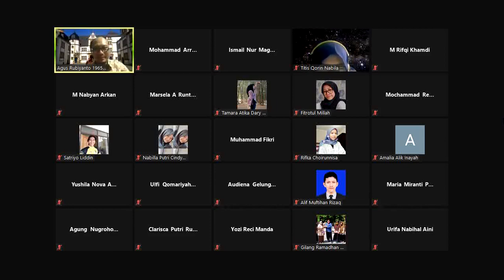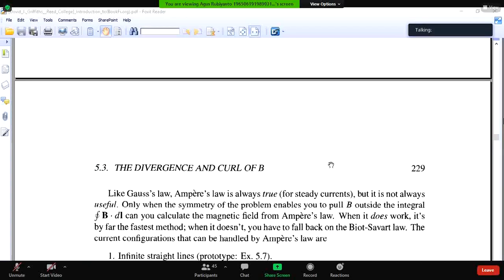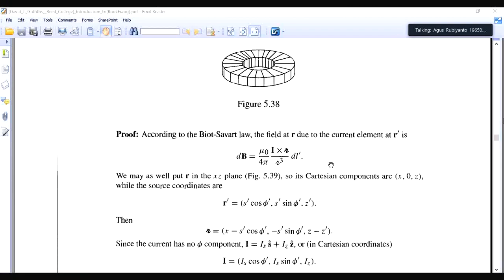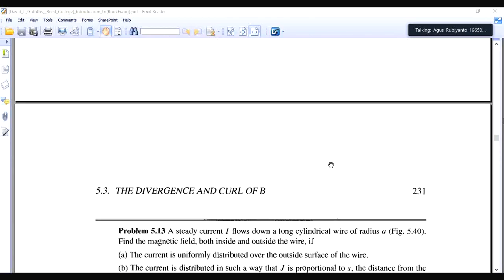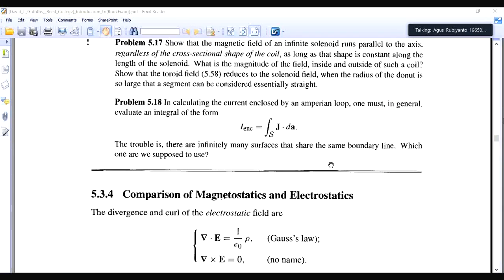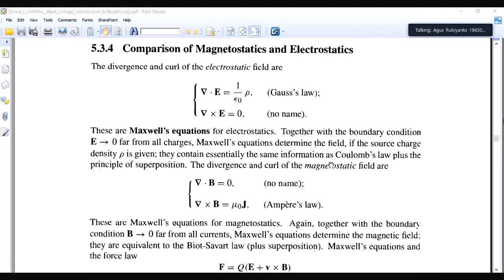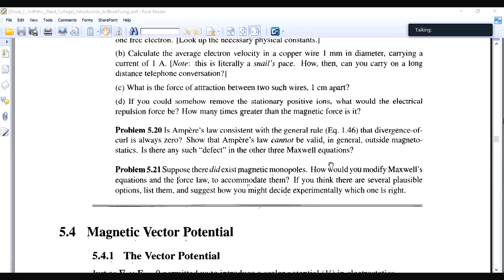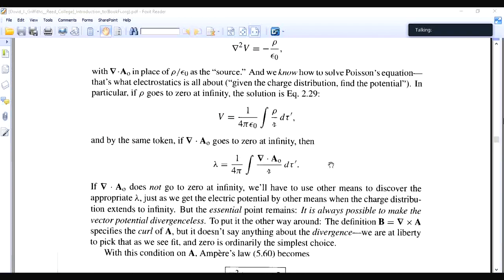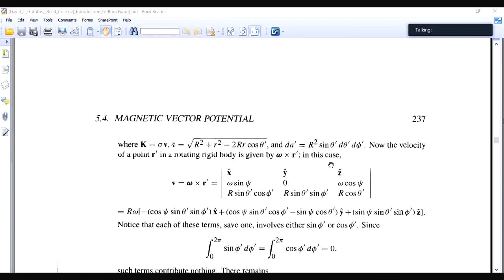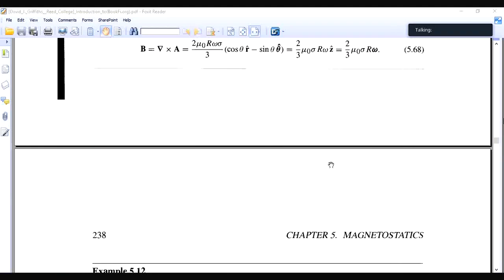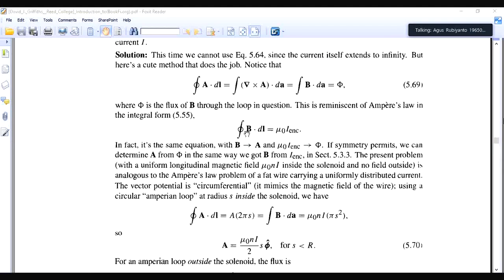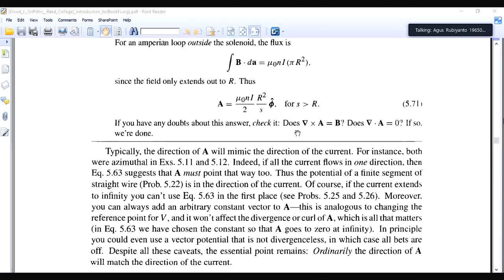Sebentar saya carikan dulu di bukunya Griffith, supaya nanti ada bedanya antara B dan H. B sama dengan mu dikalikan dengan H. Ini hukum Gauss, ini hukum Ampere, B dl sama dengan mu I enclosed.